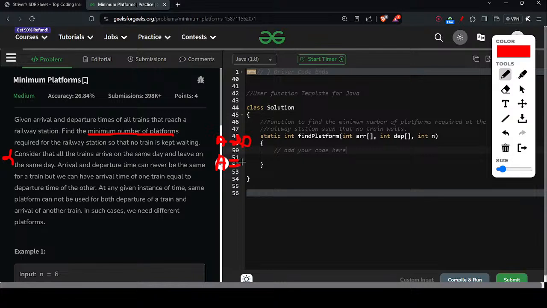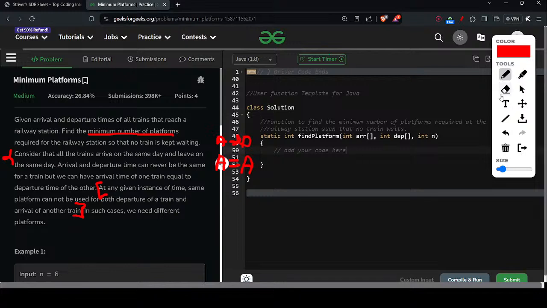Drawing makes things slow, but it's quite important. At any given instance of time, the same platform cannot be used for both the departure of one train and the arrival of another train. In such a case, we need a different platform.